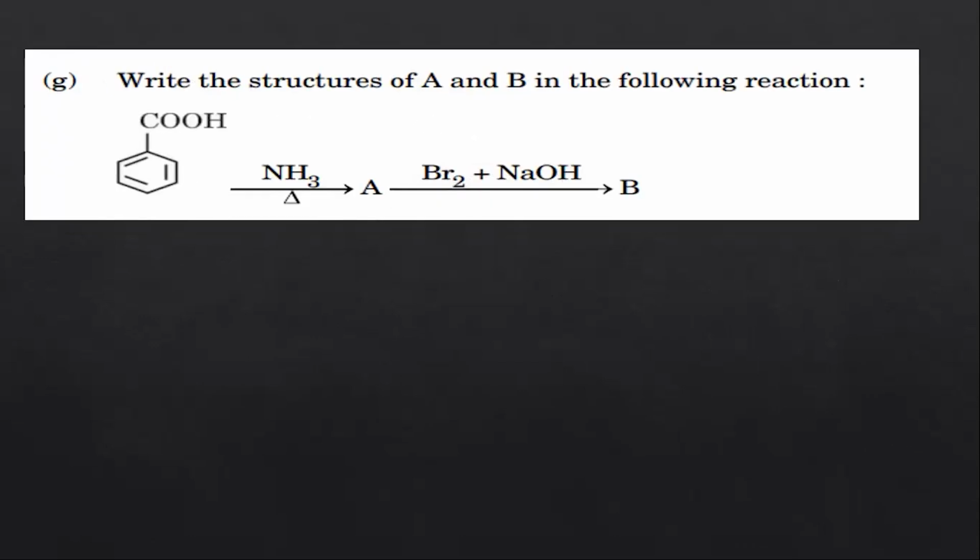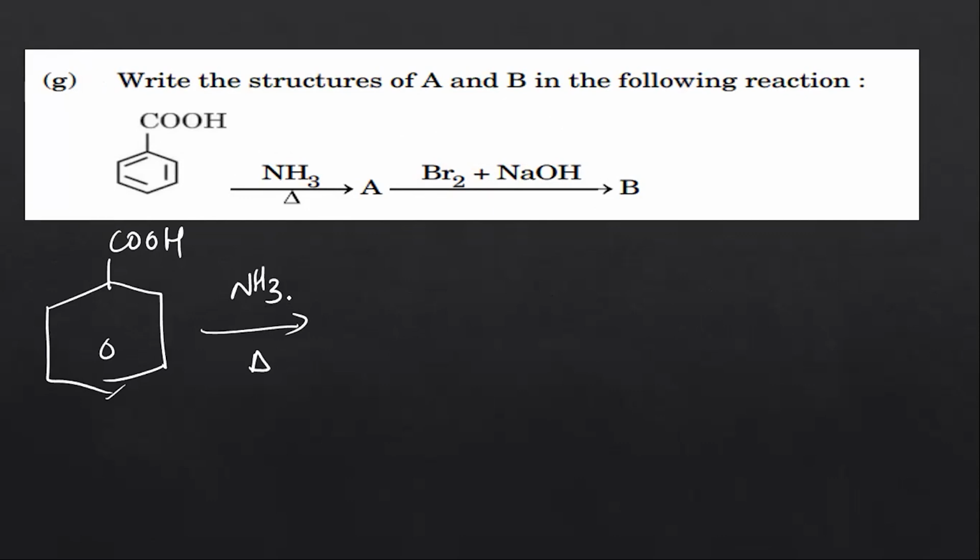Write the structures of A and B in the following reactions. Okay. What is this? This is an acid, right? Acetic acid. Yes. Sorry, benzoic acid. Benzene ring, right? So this is benzoic acid. We are treating with ammonia, NH3, and heating. So whenever an acid is treated with ammonia, you will be getting what? You will be getting amide, right?